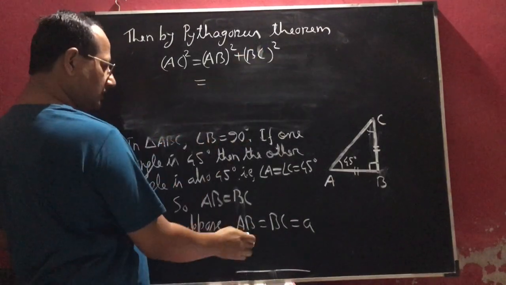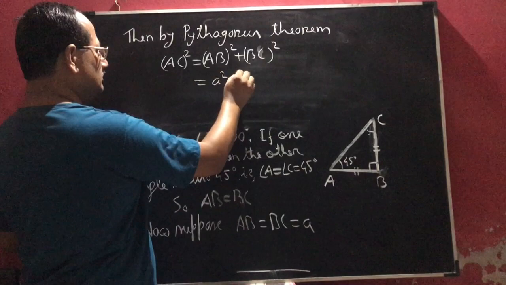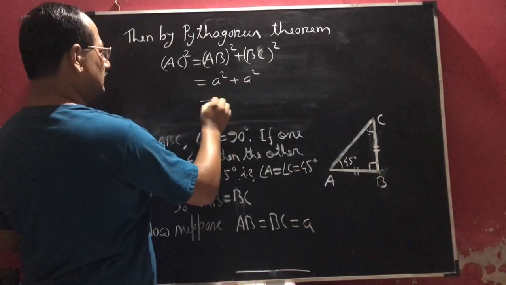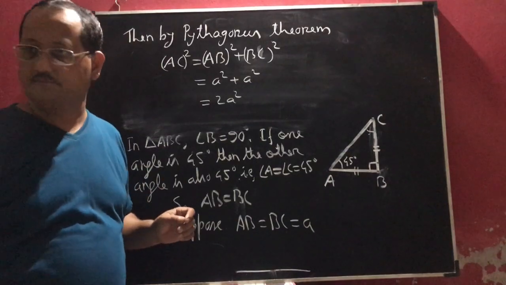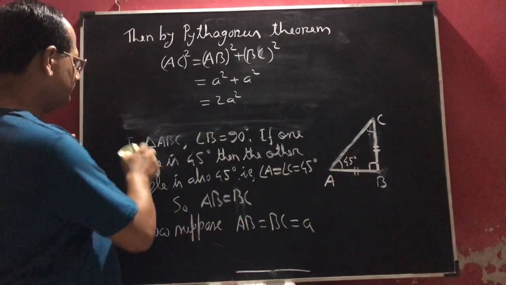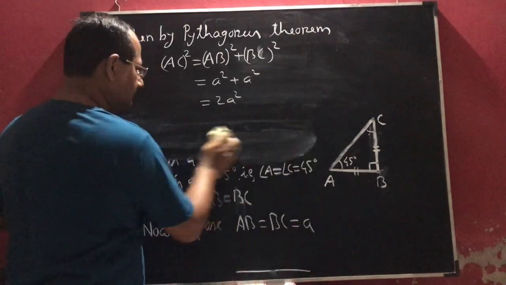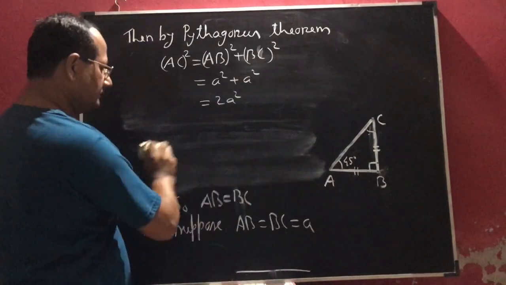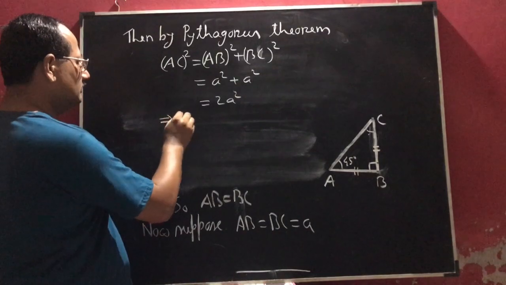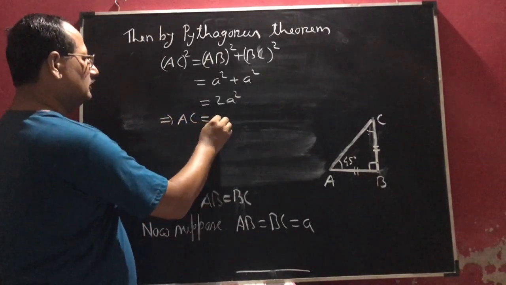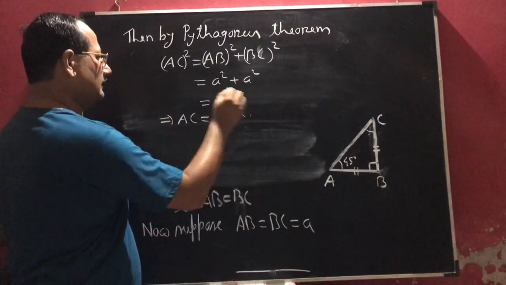So AB square is a square, BC square is a square, that is twice a square. This implies AC equal to root 2 a.